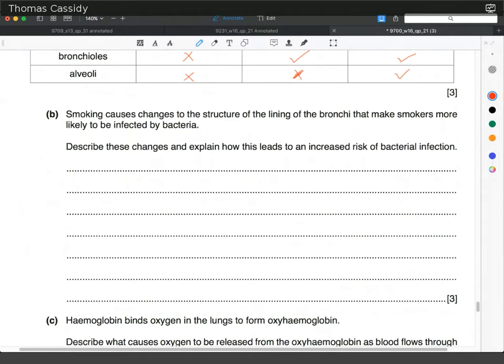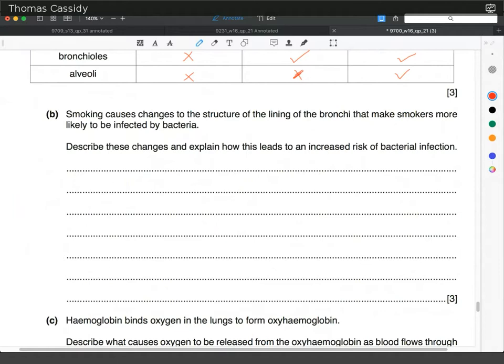So if you're smoking and your cilia are suddenly damaged, that mucus is still going to catch bacteria, but it's not going to go anywhere, or it's not going to be removed as easily. That's why people who smoke cough a lot, because all this mucus is just stuck in all parts of the lungs, so they're having to heave it up manually.